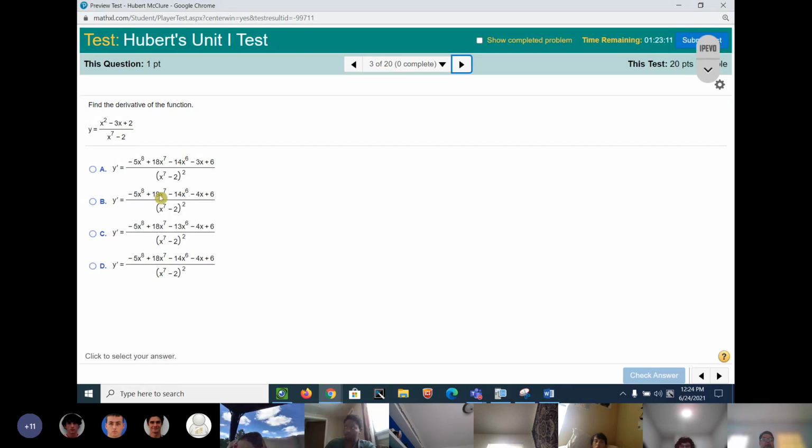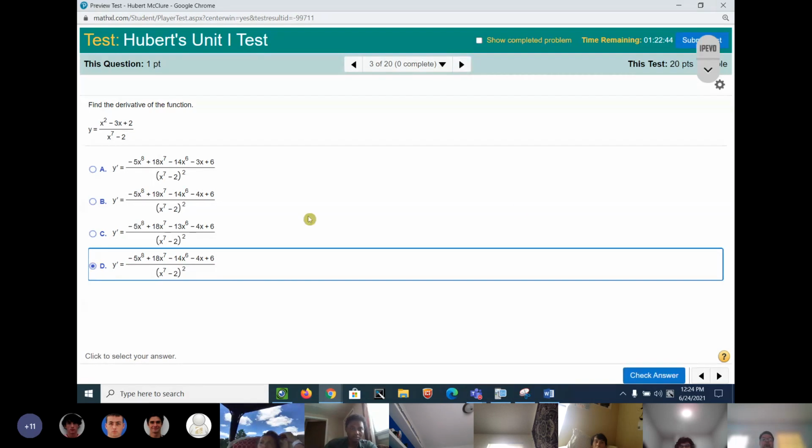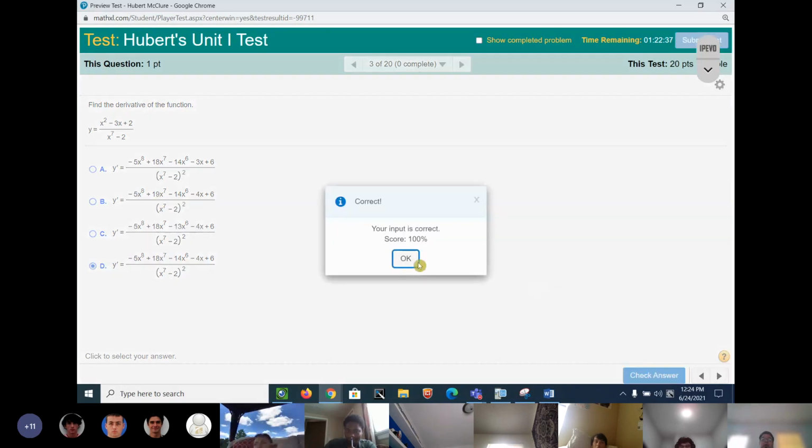So you annihilated this one. 14x to the 6th, negative 14x to the 6th, minus 4x, plus 6. So it looks like it's between B and D, but I believe it's going to be D as in delta because of that 19. Yay!